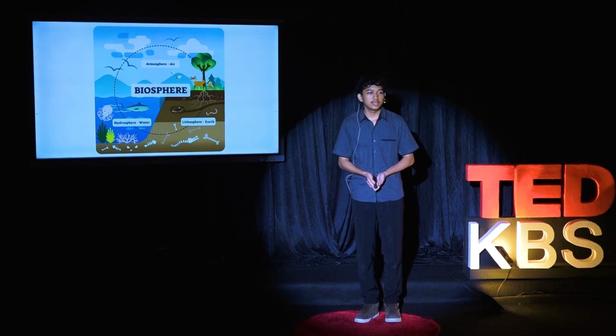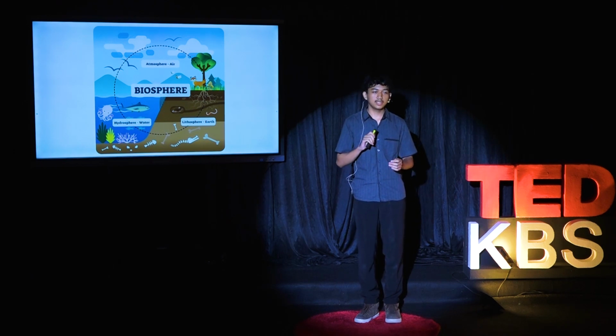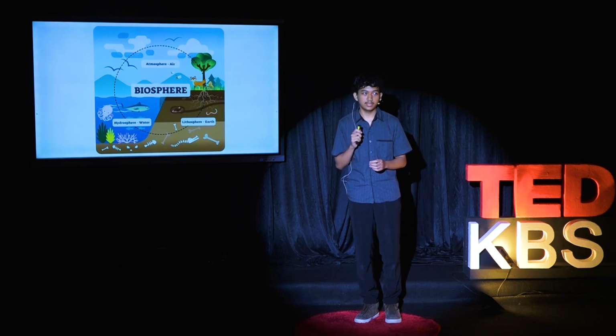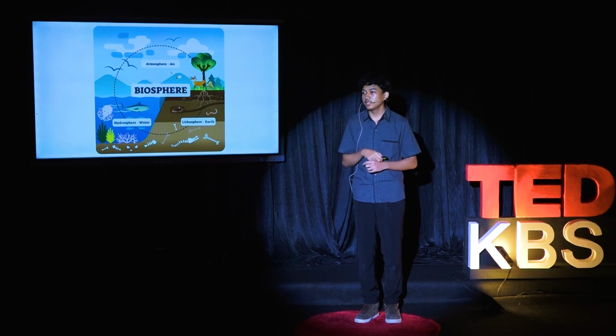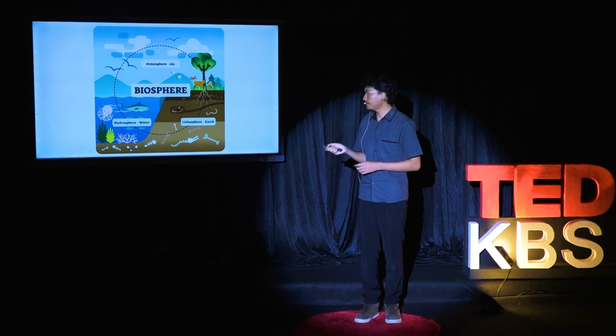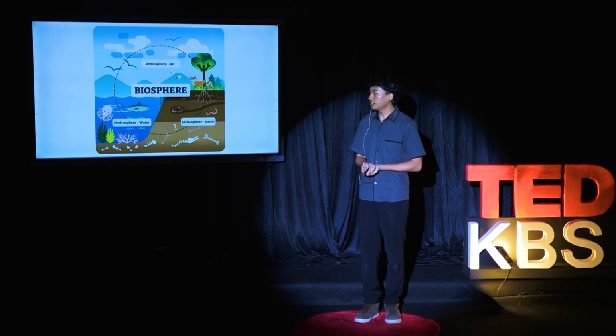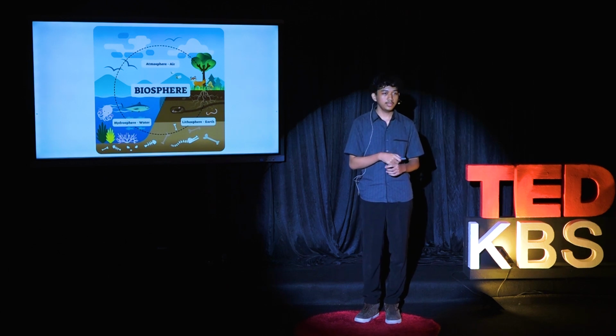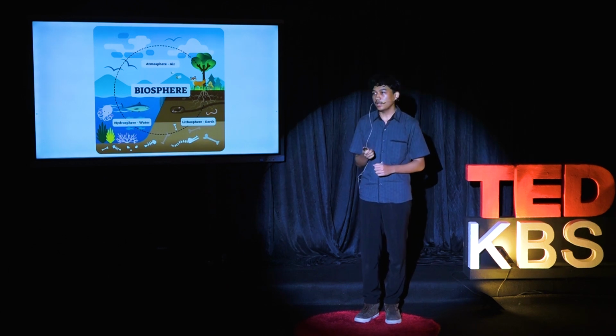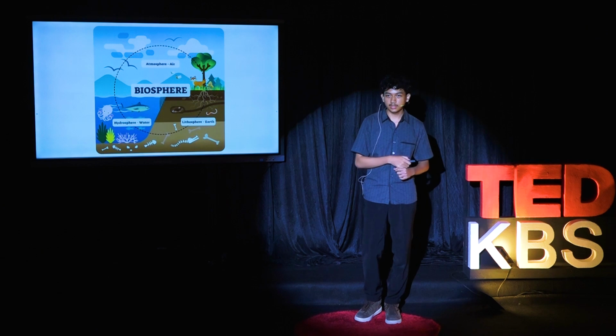The Earth is an intricate system consisting of several aspects that are interconnected to each other. The atmosphere is the layer of gases surrounding the Earth. The hydrosphere encompasses all forms of water, and lithosphere is the rocky and solid part of the planet, and the biosphere, which includes all kinds of living organisms.